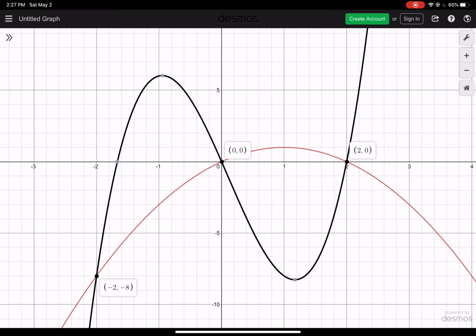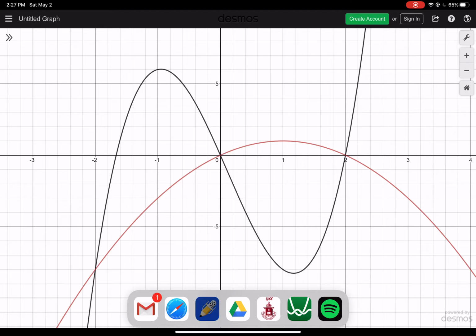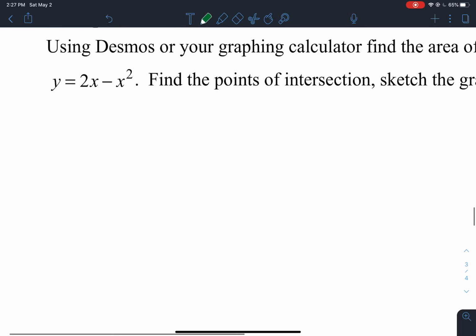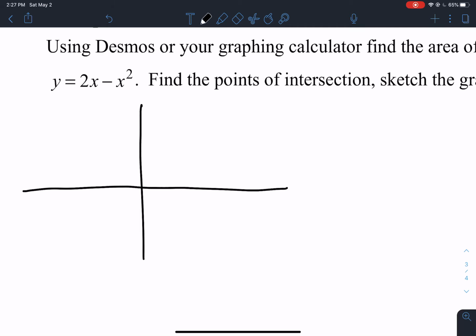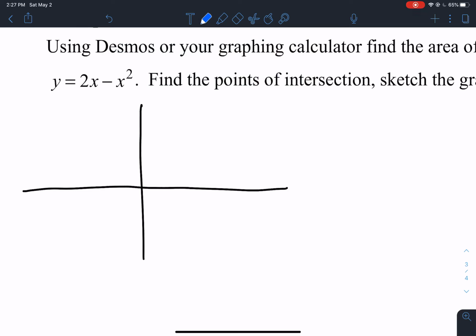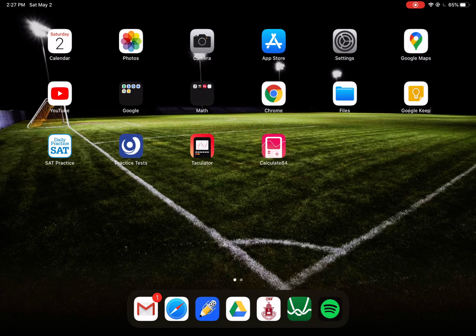So what I'll show you, I'm going to go back to my notes. So we know that the graph, let me go back and look at that real quick.